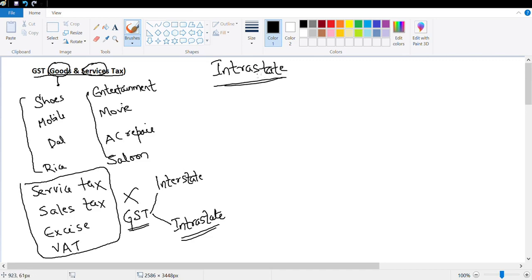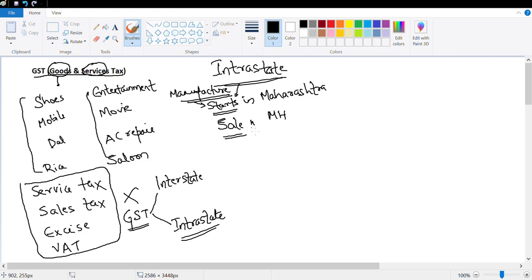That's what intrastate would mean, which means it originates, let's say, starts in Maharashtra and stays in Maharashtra, right? Or sale happens in Maharashtra. Now, what does it mean start? Which means the manufacture happens in Maharashtra. So it is manufactured here and it is sold here.